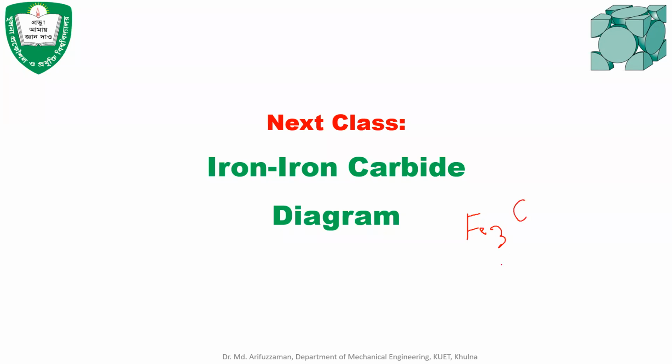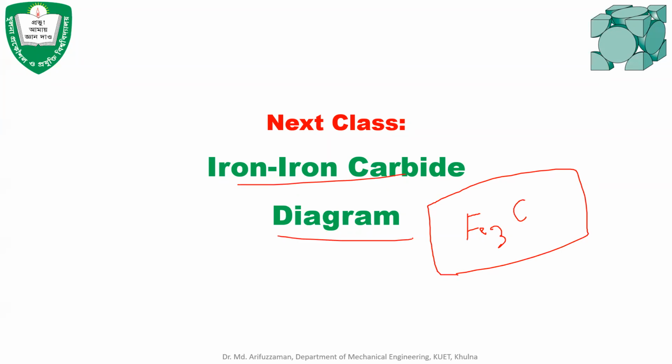We'll investigate this iron-iron carbide diagram more carefully, because most of the steels or cast irons available to us lie between pure iron and iron carbide.